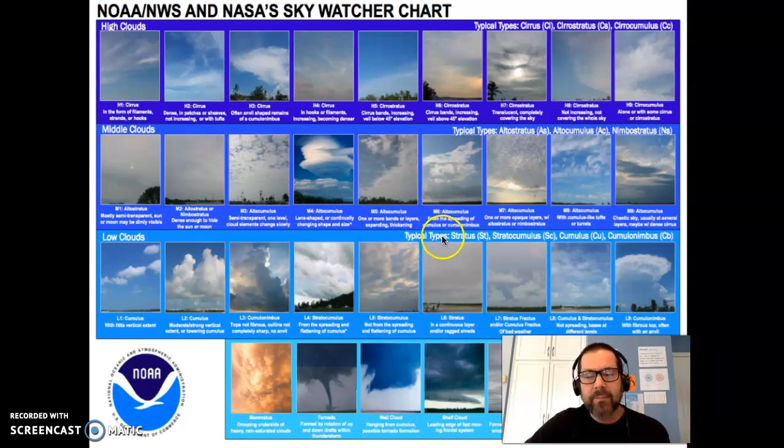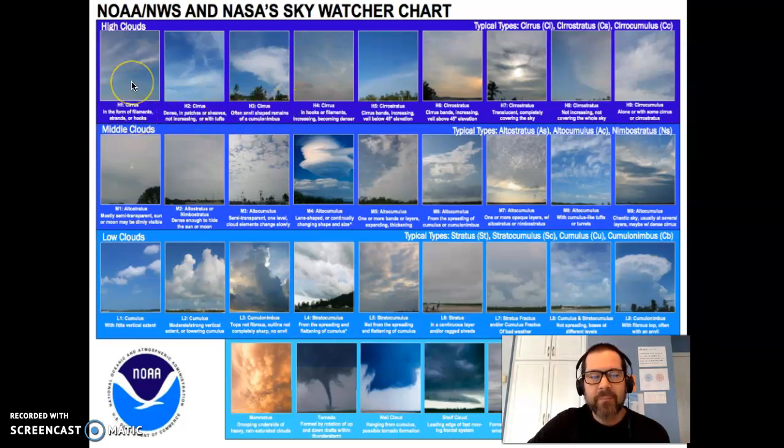The typical types of low clouds would be your stratus, stratocumulus, your cumulus clouds, and your cumulonimbus clouds. Charts like this can be really helpful to identify the types of clouds that are in the atmosphere.